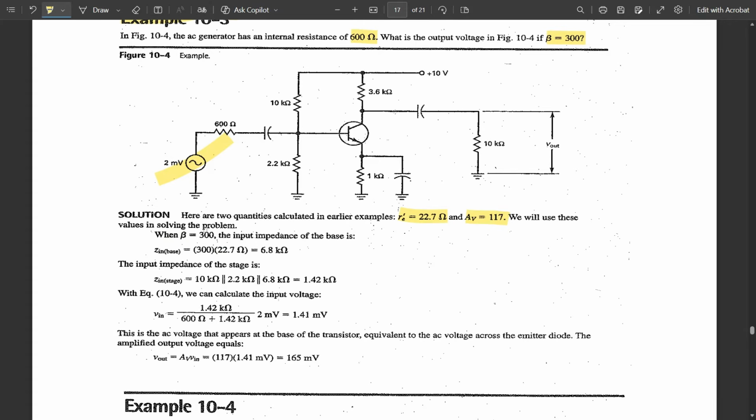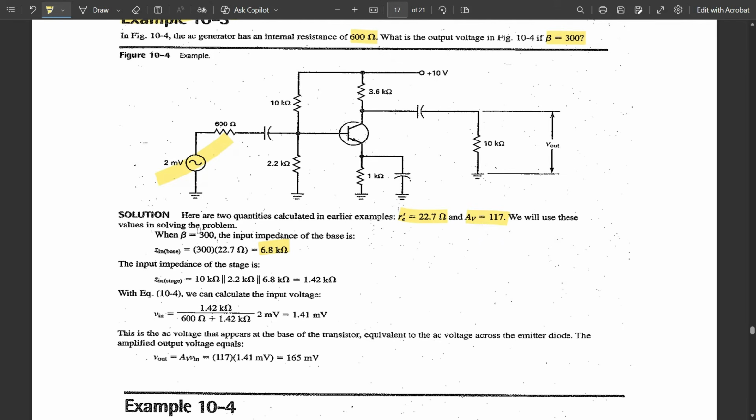Okay, so here when beta is equal to 300, we should calculate the input impedance of the base first, that is Z in base. The equation is beta into Re dash. Beta is 300, Re dash is 22.7. Multiply it, and we get Z in base as 6.8 kilo ohm. Now the input impedance of the stage, Z in stage, is R1 parallel to R2 parallel to beta Re dash.